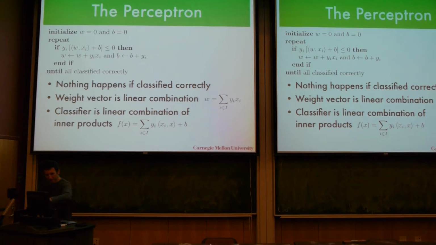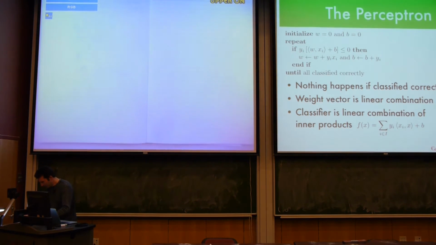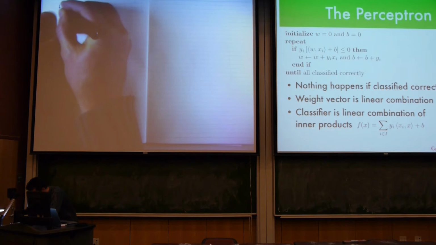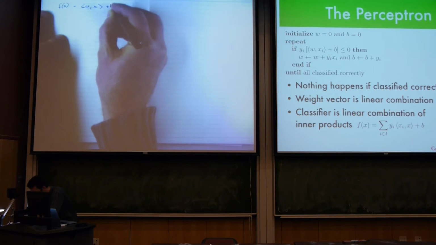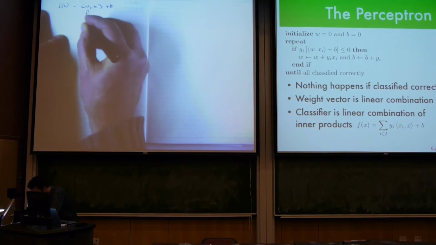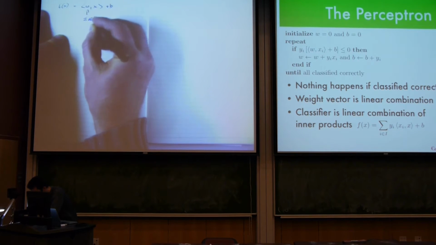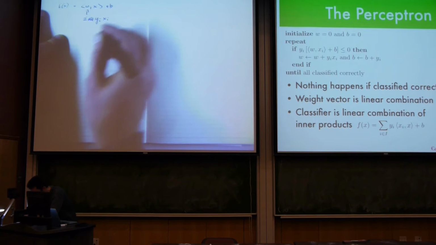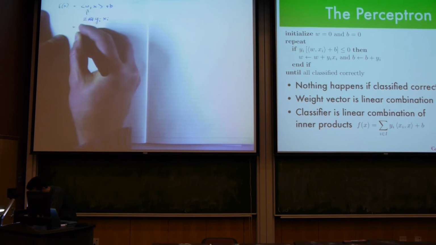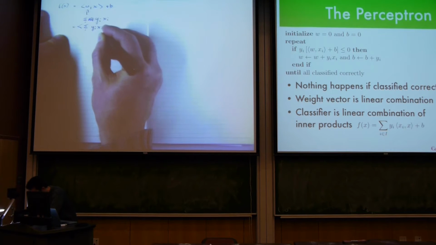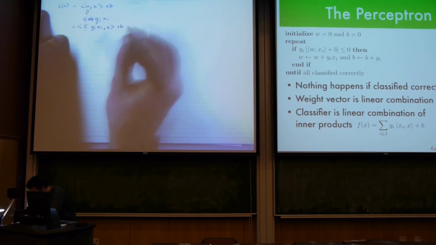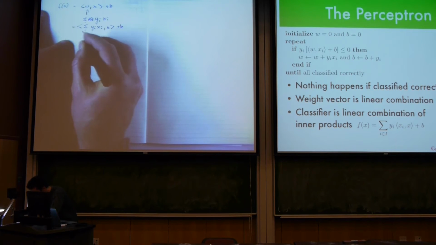So, in other words, if we have f(x) equals w times x plus b, and we have this term here, then it follows that f(x) can be written as the product between the sum over i of yi, and then I just pull these terms out. So I can write it as the sum over i of yi times the inner product.